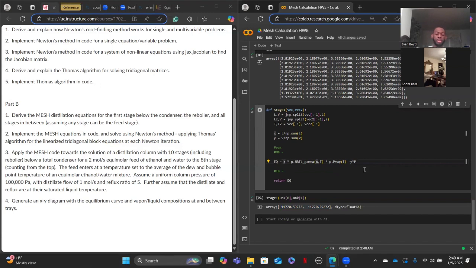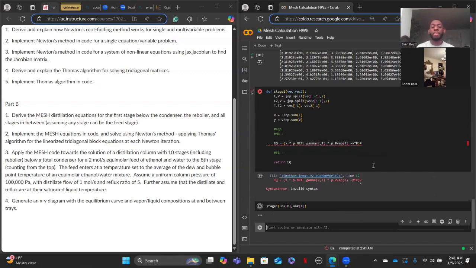For Raoult's law, we would divide by our pressure again.